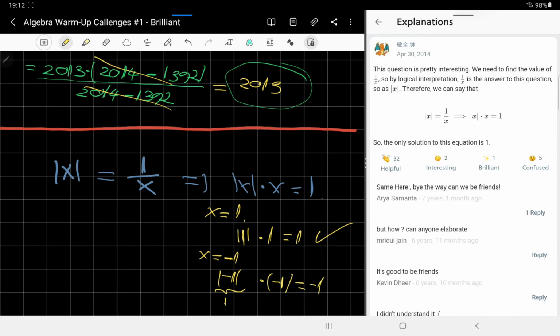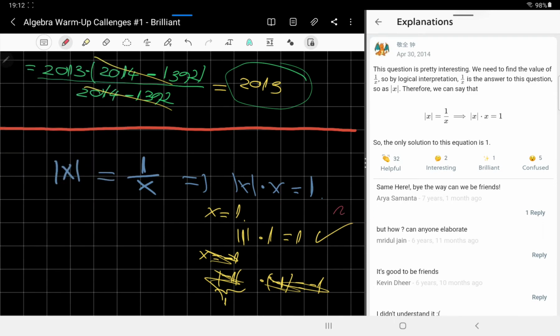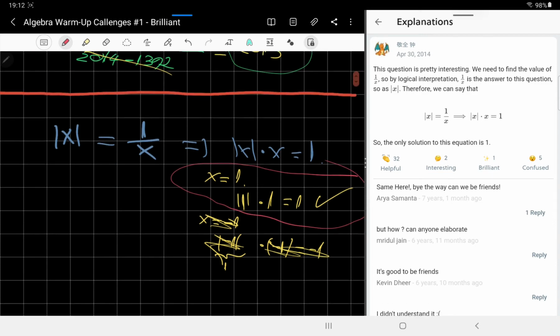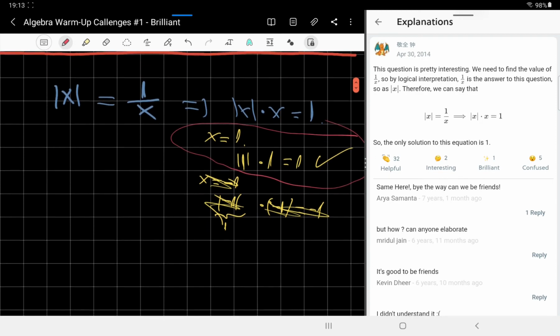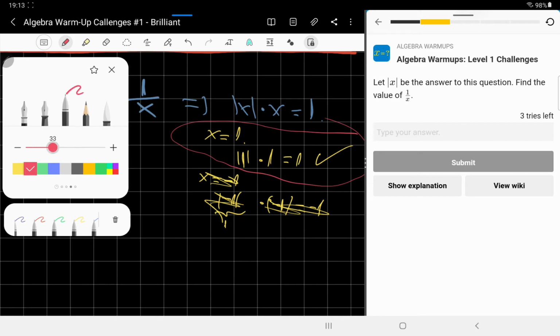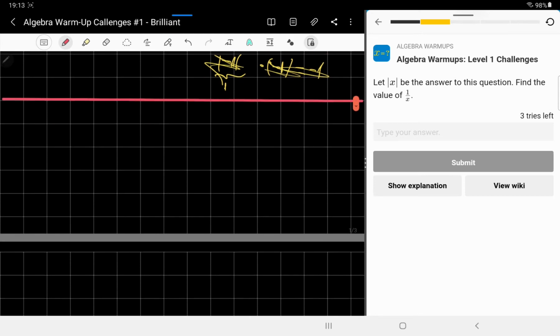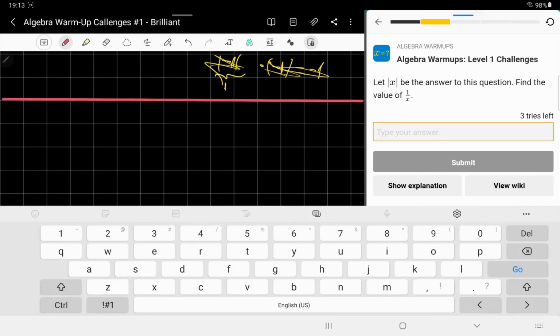So minus 1 wouldn't be a solution. We can scratch it. And as this fellow over here said, the only solution would be x equals 1. Well, still, the instructions were not clear. Or I am just trying to make up an excuse for not actually knowing what they want. Anyways, let's type 1.